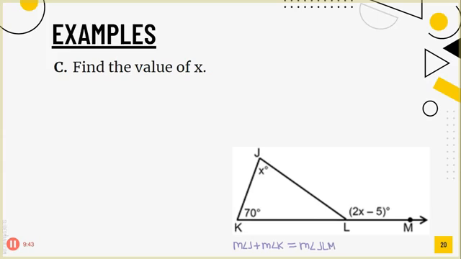So if I add X and 70 together, so X plus 70, if I add those two interior angles together, it gives me my exterior angle, which is 2X minus 5. And then we're going to solve for X. I'm going to take my X's to the left by subtracting X, and we get 70 equals X minus 5.